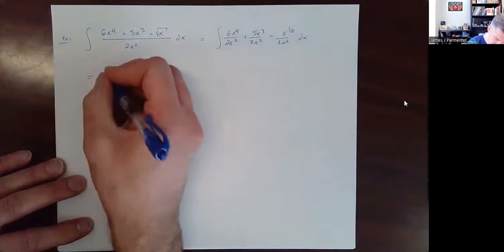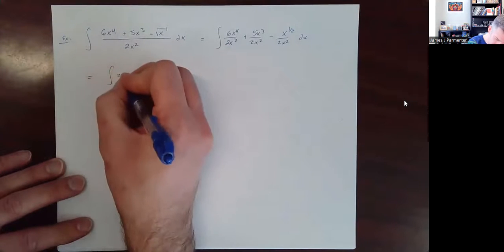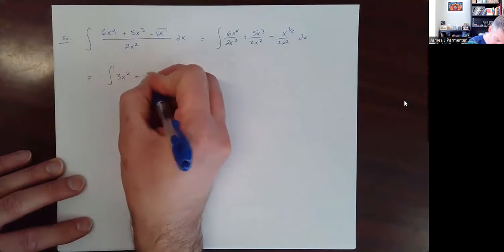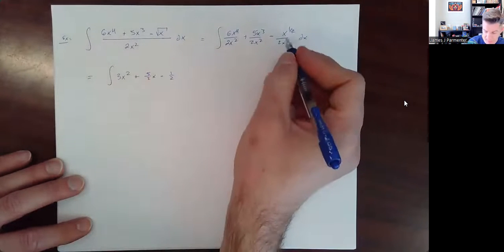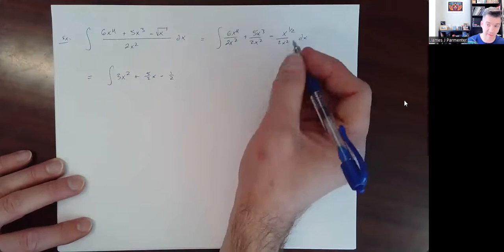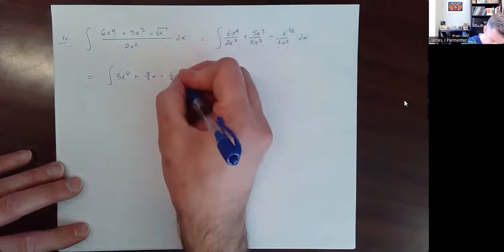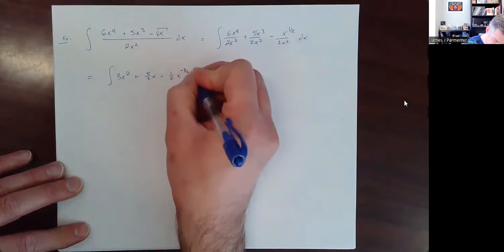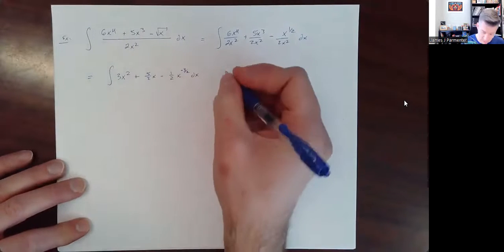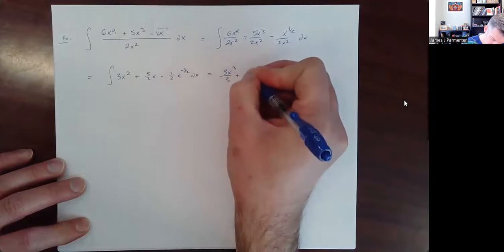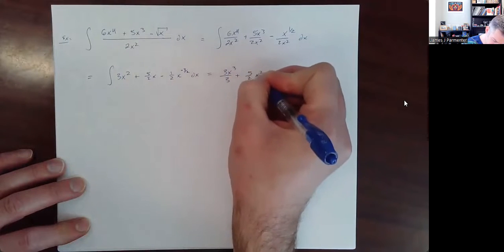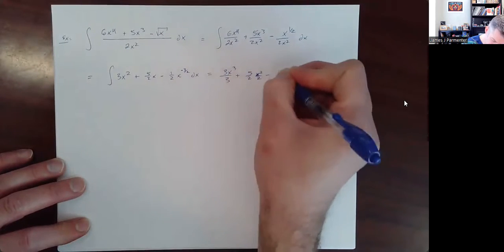So I'm just going to simplify this as the integral of 3x squared plus 5 times x minus 1/2 times x to the 1/2 over x squared. We subtract those powers, and 1/2 minus 2 is a negative 3/2. So we get x to the negative 3/2. Then we use the anti-power rule as we have been. We're going to get 3x cubed over 3 plus 5 times x squared over 2 minus 1/2.